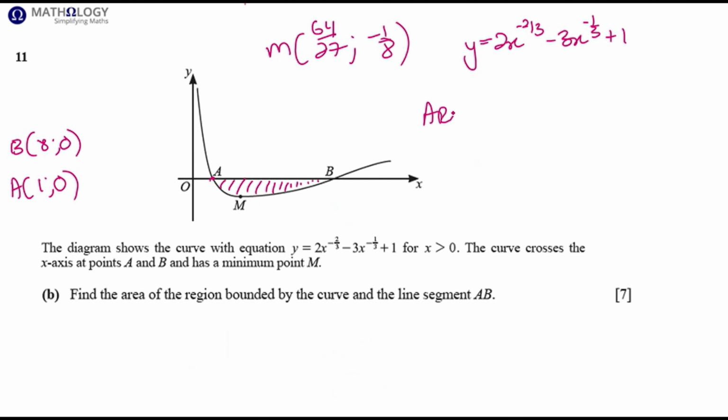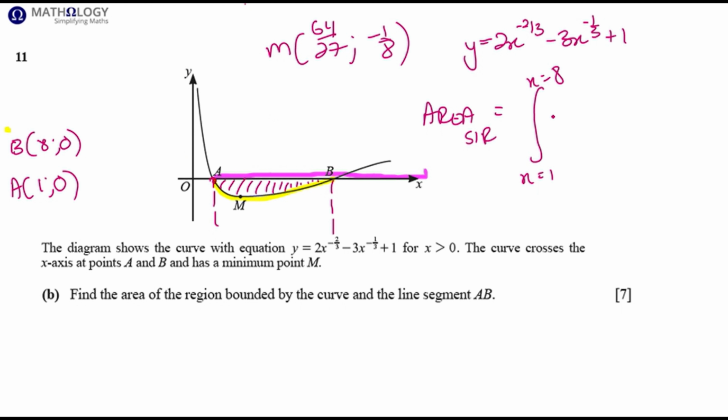Now the area of the shaded region will be the integral from x equals 1 to x equals 8. So your boundaries of integration will be from A to B, and the difference between the curves. The x-axis is your first curve, and the second curve is the function we're dealing with.